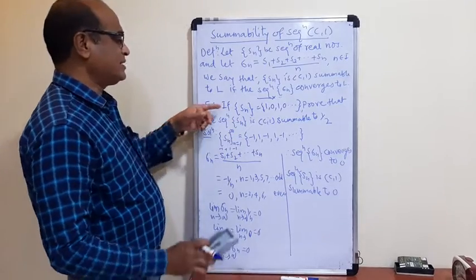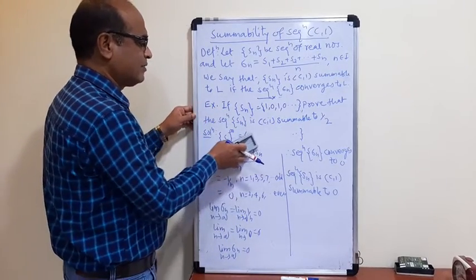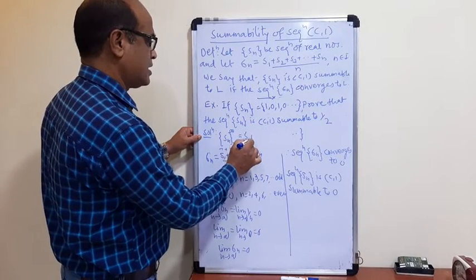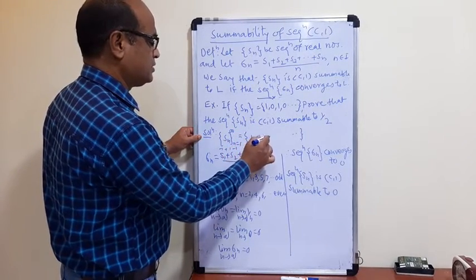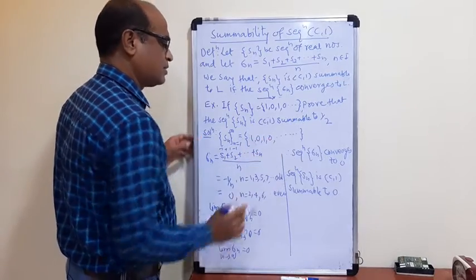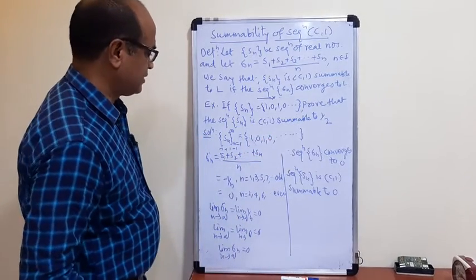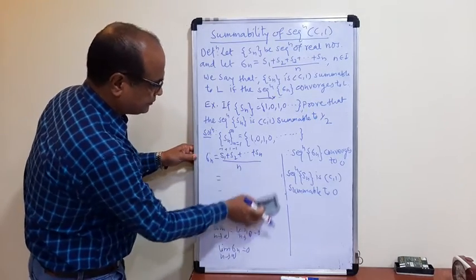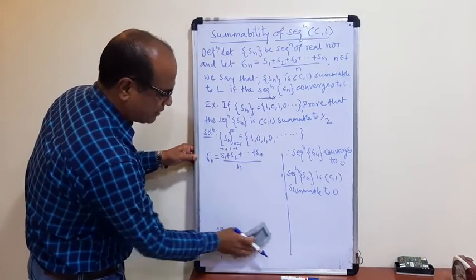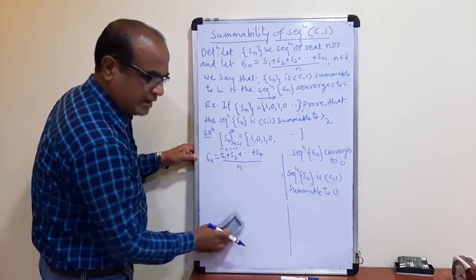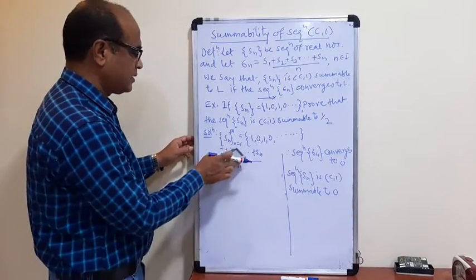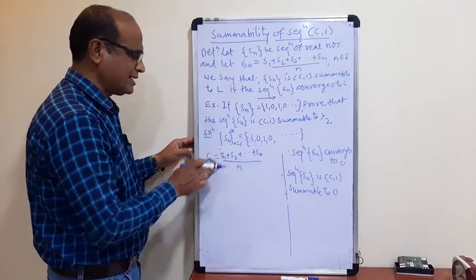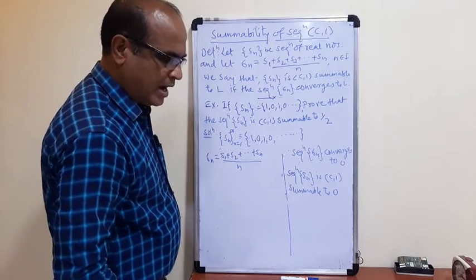So what is the sequence given here? The solution: the sequence is 1, 0, 1, 0, and so on. What is sigma n? Sigma n is S1 plus S2 plus S3 plus and so on up to Sn, divided by n.